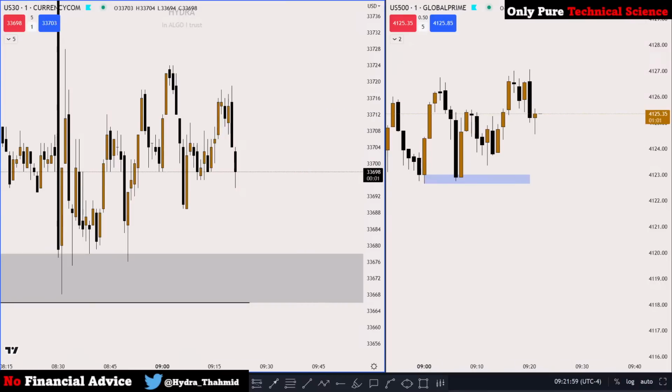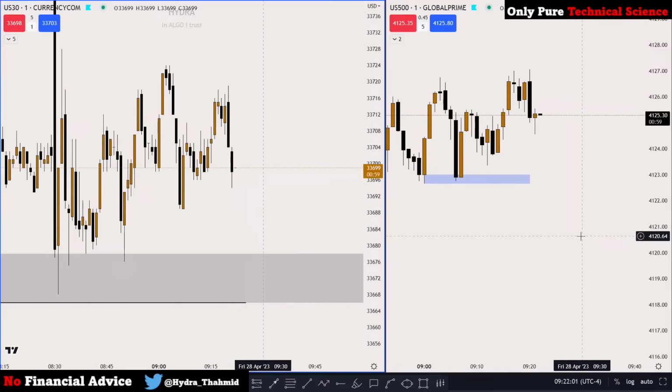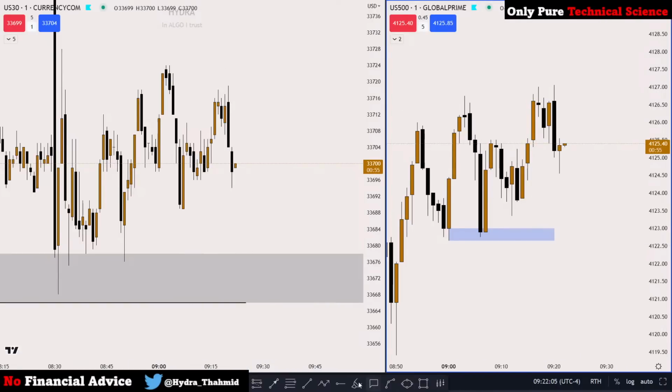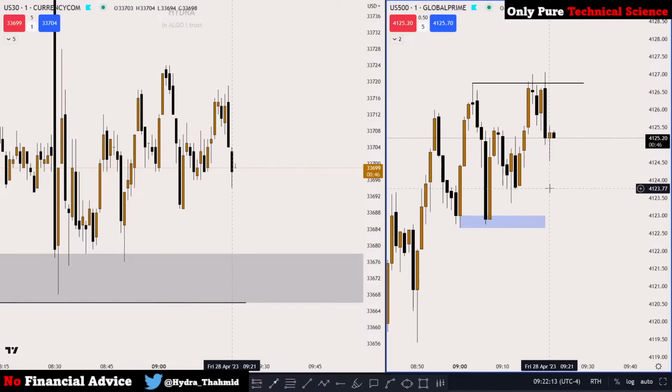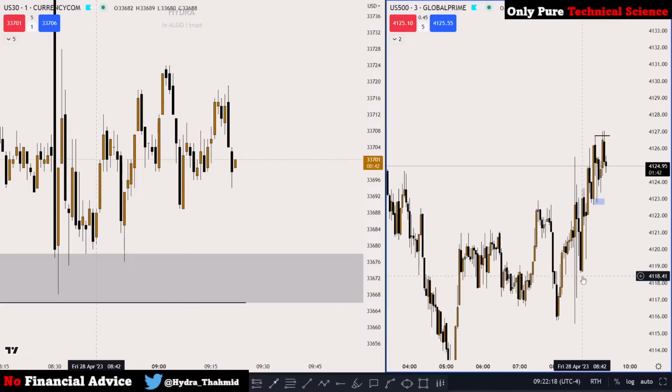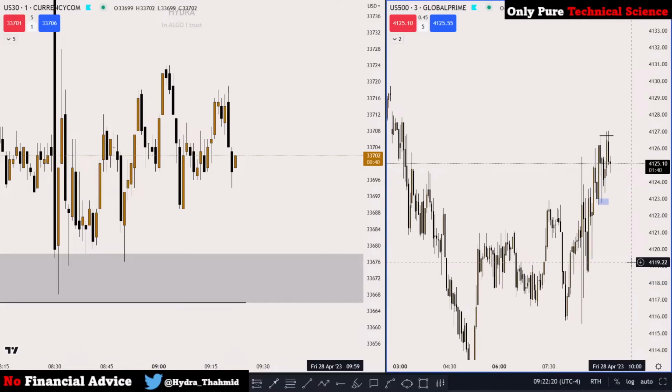Oh, someone is saying potential bearish breaker on US 500. Okay, let's see US 500. That's a higher high, right? And that's another higher high. And there's no equal high though. So our breaker block, let's look at a higher time frame. Let's see if price has a higher level of draw on liquidity.